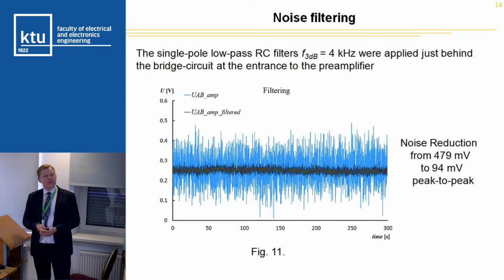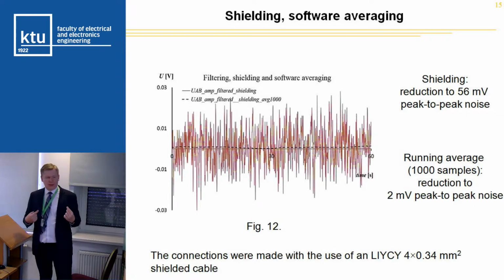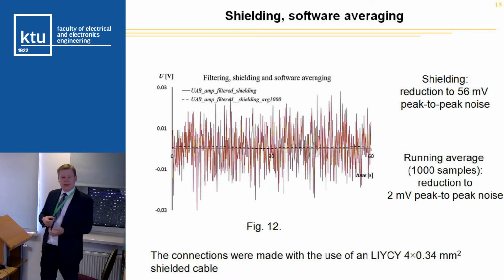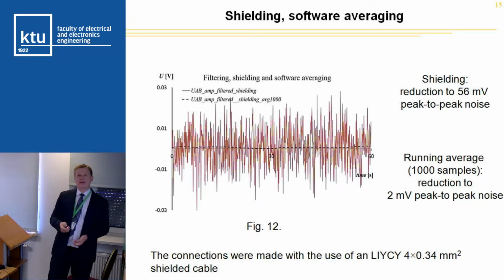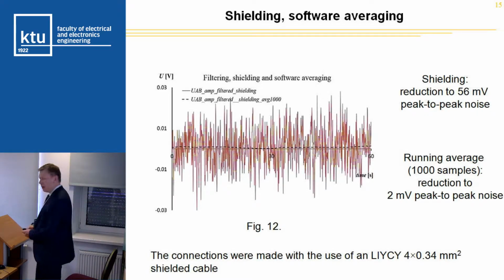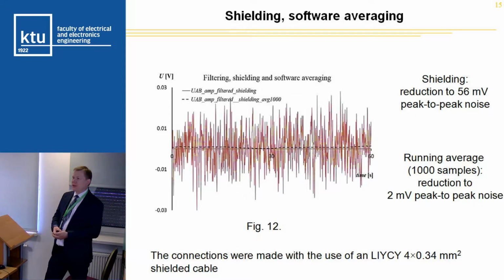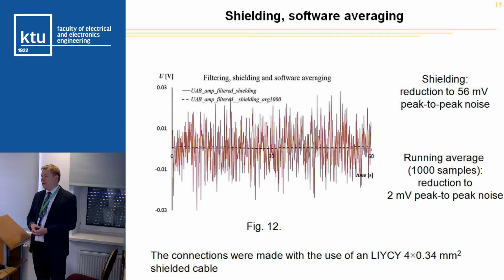We also used shielding. We shielded all the circuit with cables, and this slightly reduced the peak-to-peak noise. Finally we needed to make software averaging of these results, and then the noise is very good. It's 2 millivolts peak-to-peak.